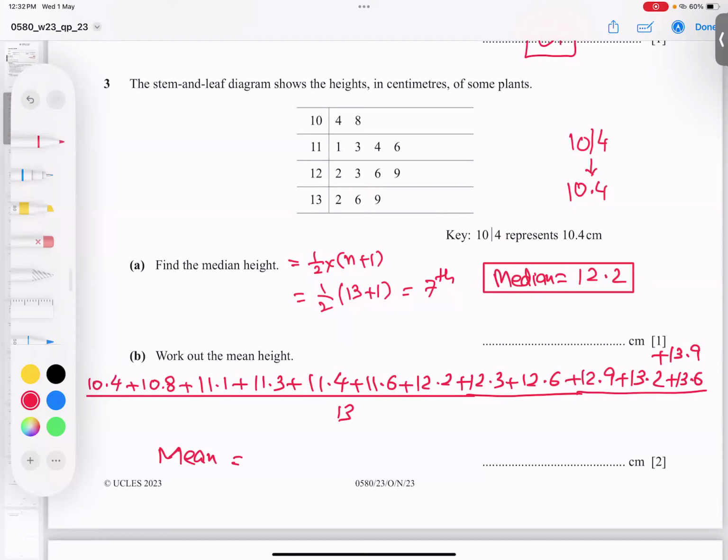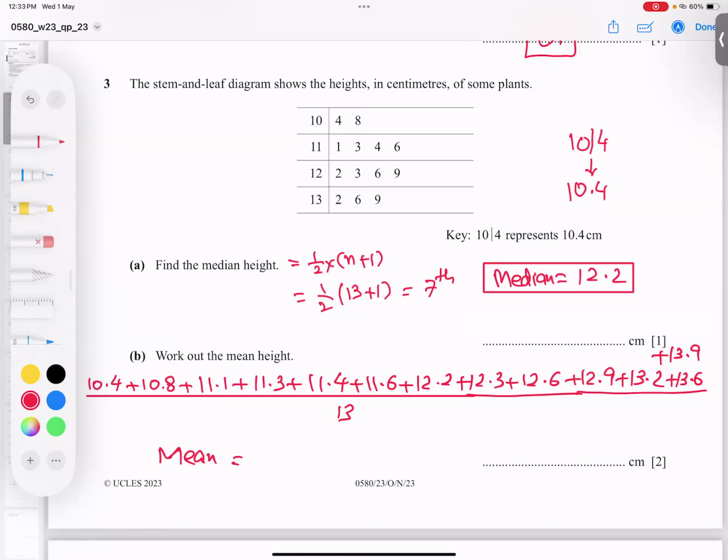And students, 1 minute, let me find it. I'm adding all of them: 11.4 plus 11.6 plus 12.2 plus 12.3 plus 12.6, 12.9 plus 13.2 plus 13.6 plus 13.9.